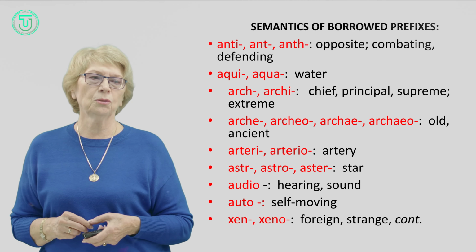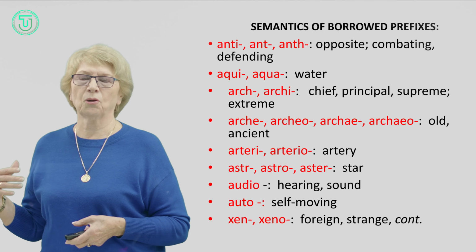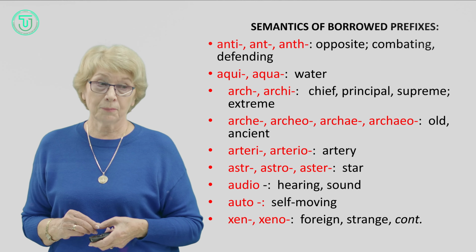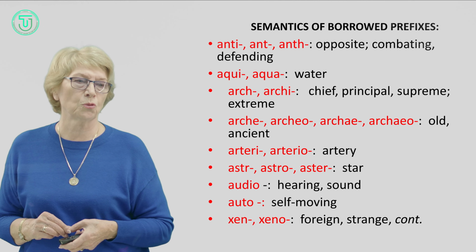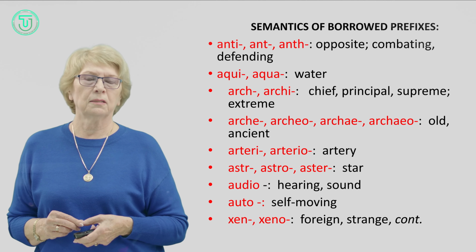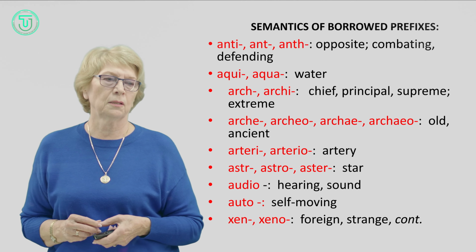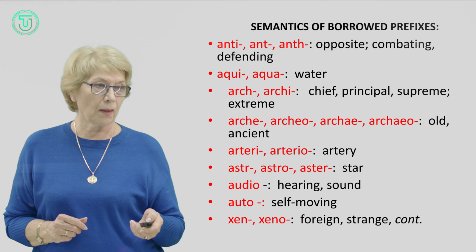Okay, audio, both ways. You can have audiography or whatever, but audio is a separate word, but it can also be used as an affix too, as a prefix, of course, mostly. Good. Auto in automatic, xeno in xenophobia. Xeno means foreign, not belonging to this country.